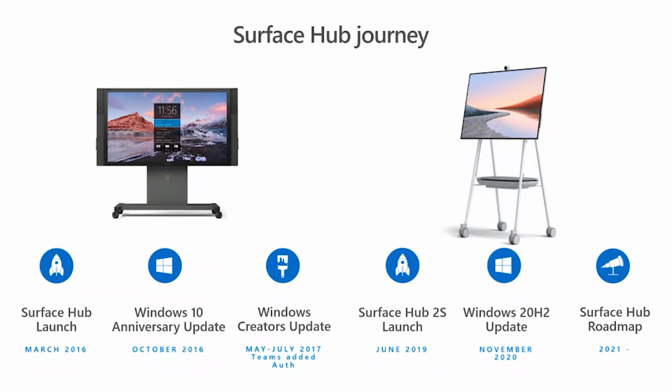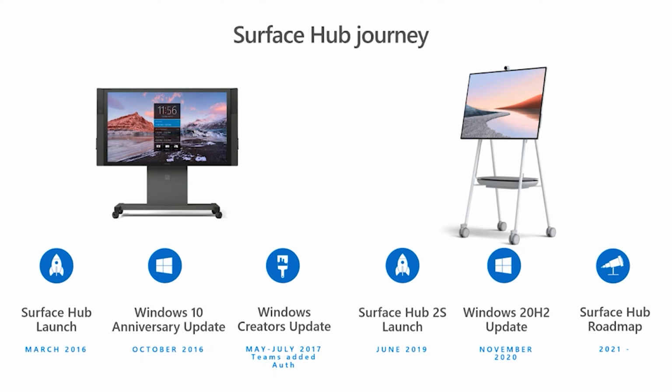So a decision was made to move production of the Surface Hub into our main Surface production factories, which gave us, well, not infinite, but certainly much more significant scale, the ability to produce significantly more devices significantly faster.